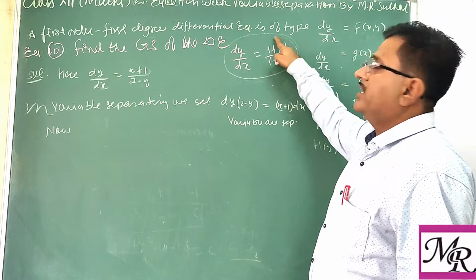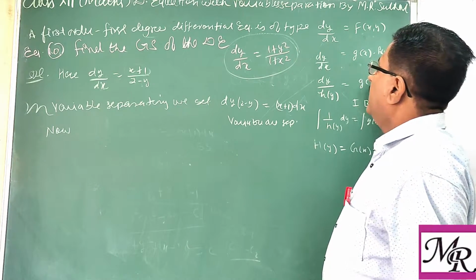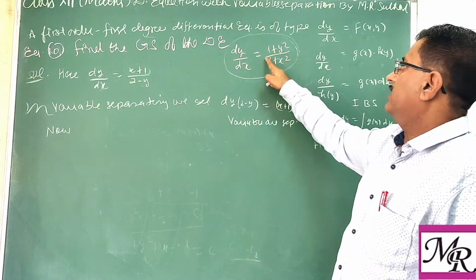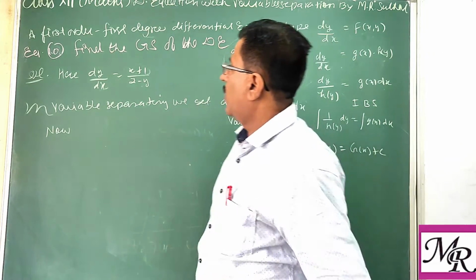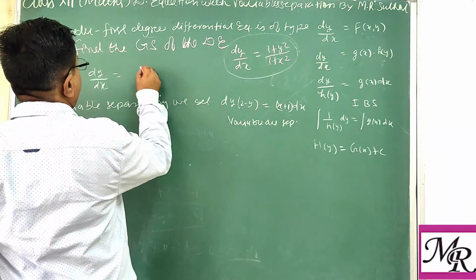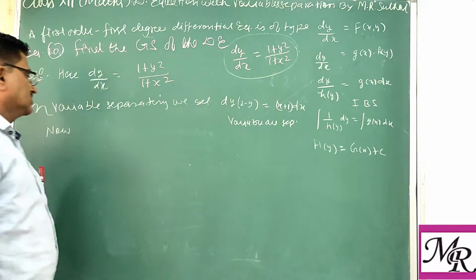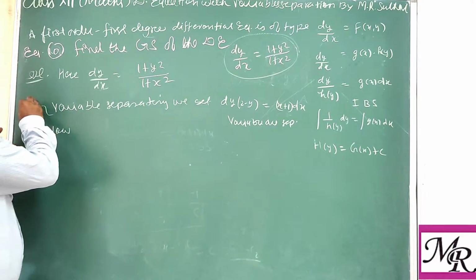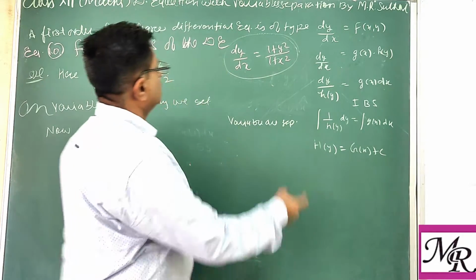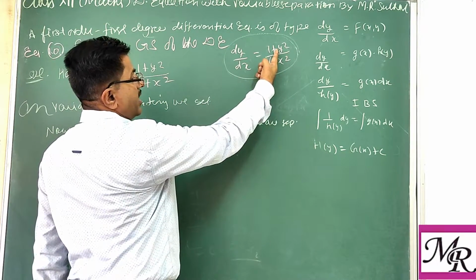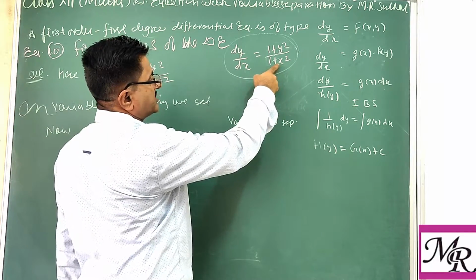Now whatever is given on the right hand side, we have to write in the form of g(x) and h(y). g(x) is the factor containing x, that is 1 plus x square. h(y) is the factor containing y, 1 plus y square. So we may write here dy by dx equal to (1 plus y square) upon (1 plus x square). Now on variable separating, we check. If we are separating the variables, you take the term containing y with dy, and the factor containing x with dx.